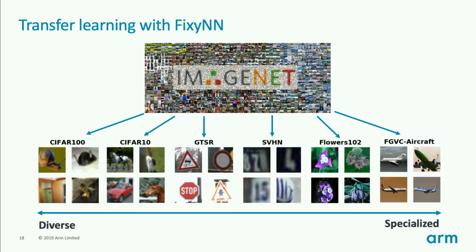Okay, so that's improvements in the hardware, but that's only of use if we can actually use this hardware for a range of data sets that we're interested in. So to explore that, we trained the fixed weight feature extractor using ImageNet data, and then we fine-tuned the backend on 6 different tasks. Again, we use the MobileNet v1 architecture for this.